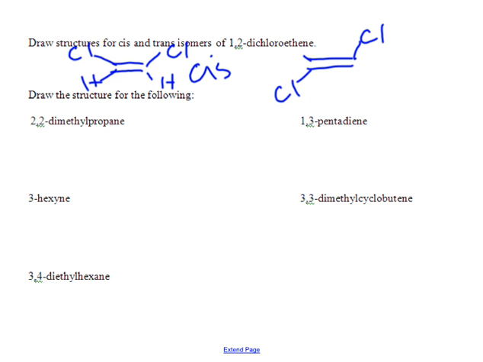Correct. Okay. Don't draw this, but I had a good question last period. The question was, can you be trans like this? There's a bigger problem than that. Name that. No. Doesn't violate the octet rule.